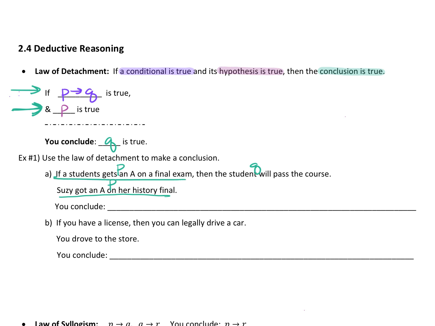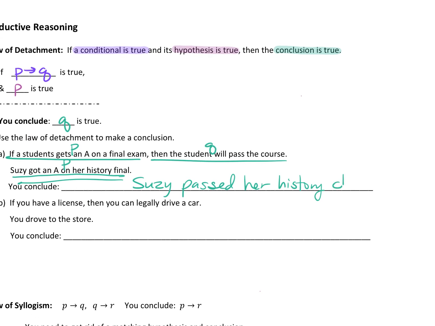If a student gets an A on the final exam, then the student will pass the course. Susie got an A on her history final, so we would say Susie passed her history class. Does that make sense? So if P then Q, they tell you the P part is true, so then you can say Q is true also, okay?